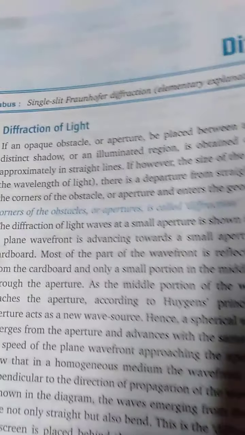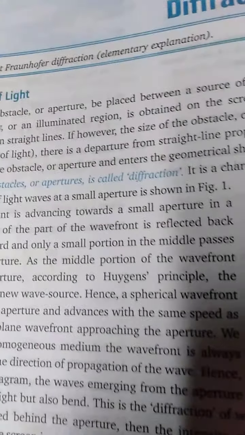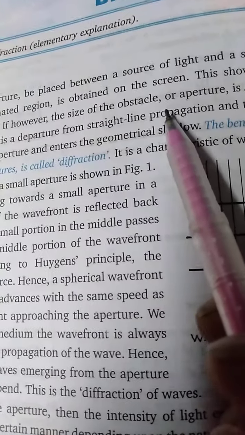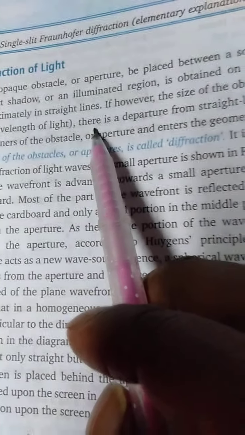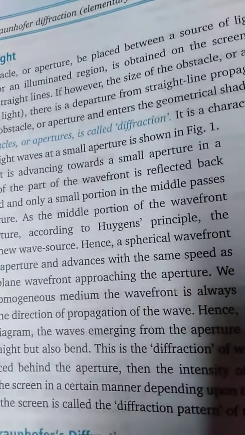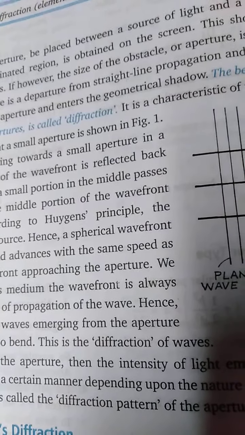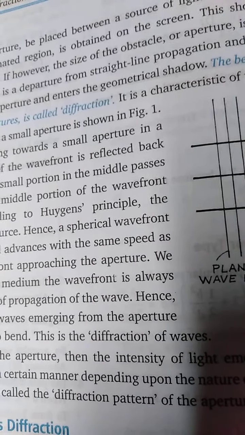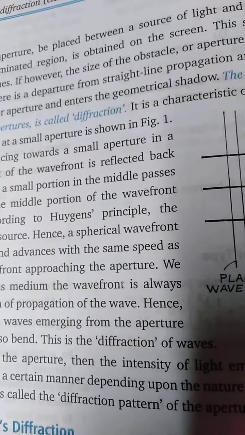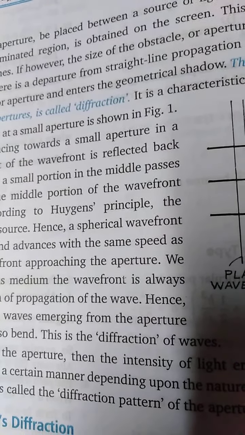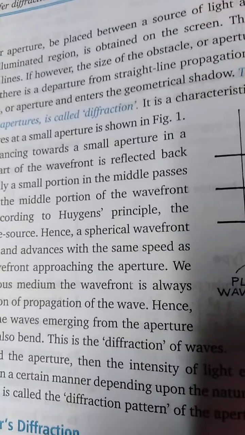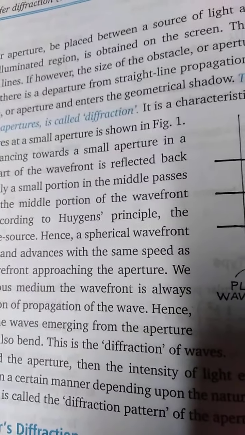However, this is true only up to a point. If the size of the obstacle or aperture is small, comparable to the wavelength of light, then there is a departure from straight line propagation. Light does not travel in a straight line, but bends. When will light bend?